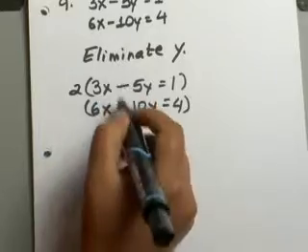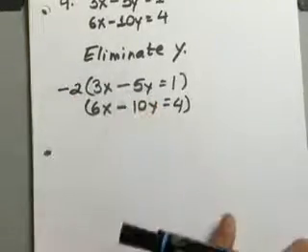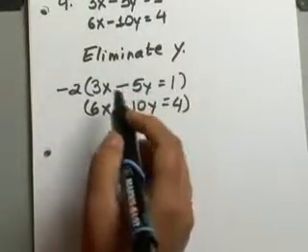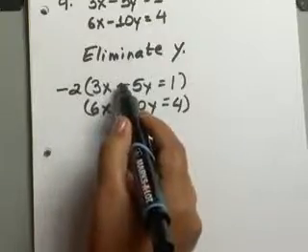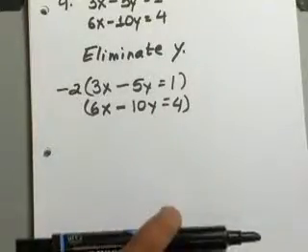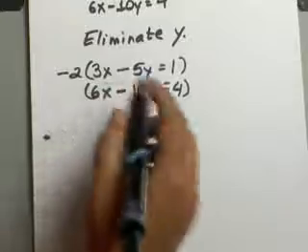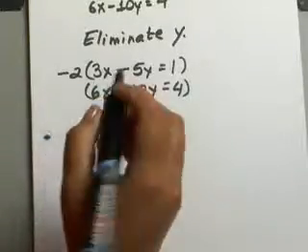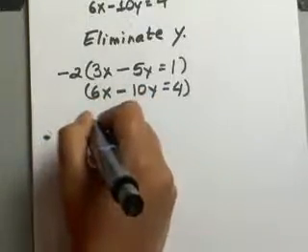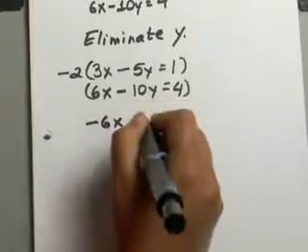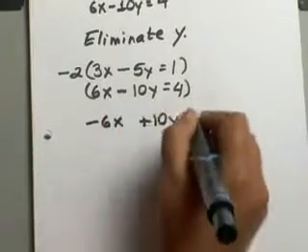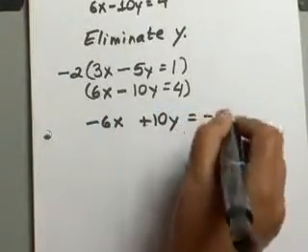Now again, as I said, since both are negative, let's make our 2 a negative number. That way, when you multiply, this number here will become a positive. So when we multiply our equations here, you will end up with negative 6x plus 10y equals negative 2.